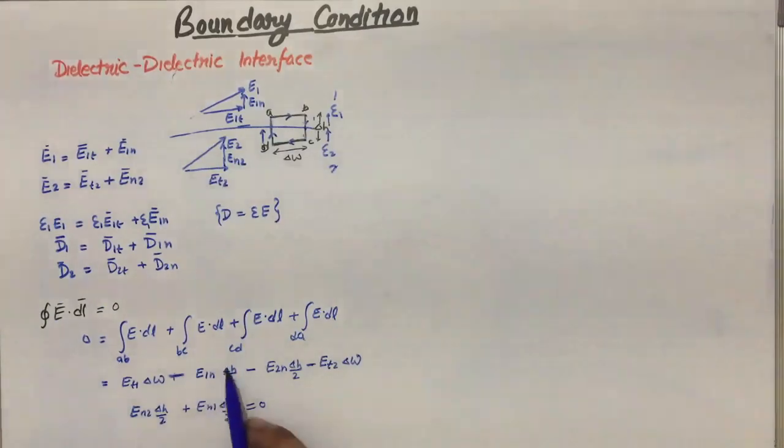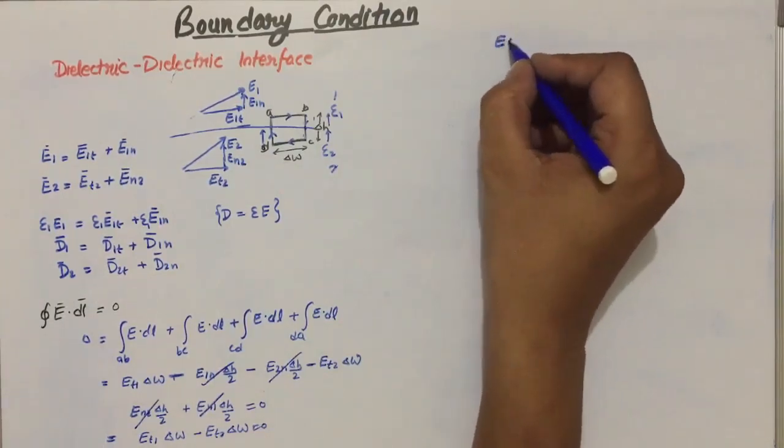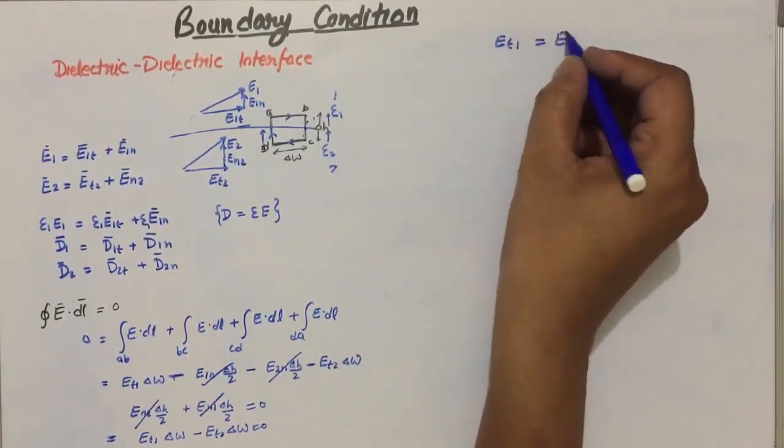Now simplify this. This term and this term will be cancelled out. The remaining quantity is ET1 minus ET2 equal to 0. So after that, what you can say, ET1 is equal to ET2.